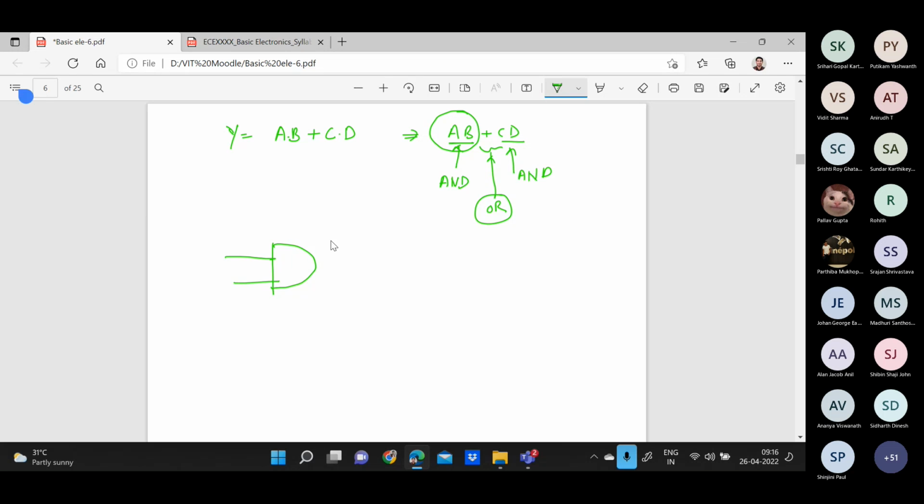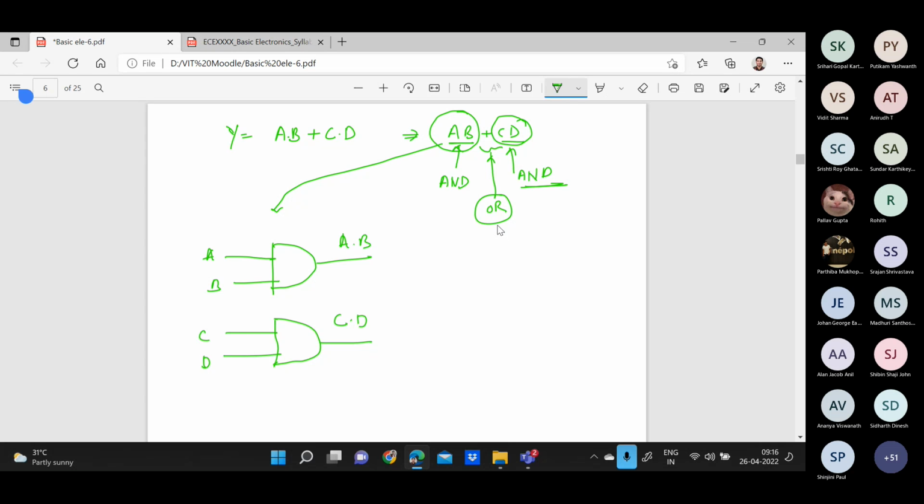For A dot B, you take A here, B here. Here, what will you get? A dot B. Now you have CD. You can design it by an AND gate like this. So this is your C, your D, and you can design C dot D.